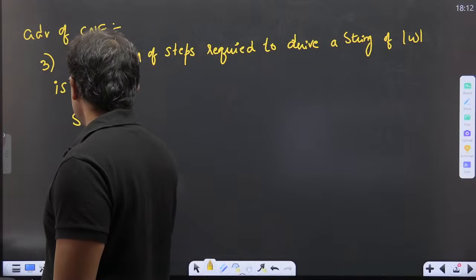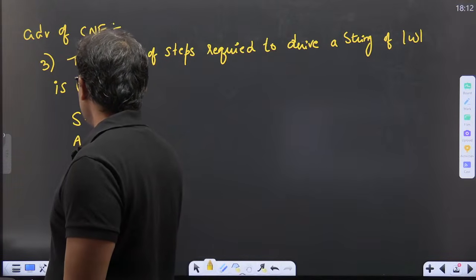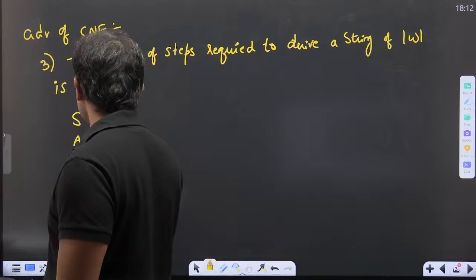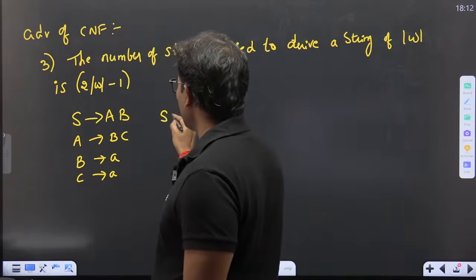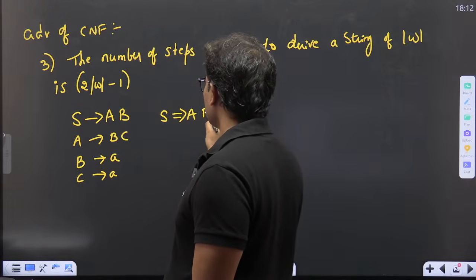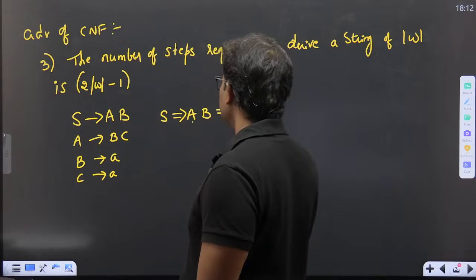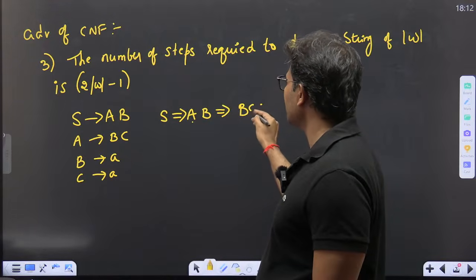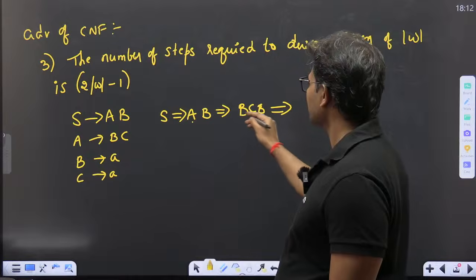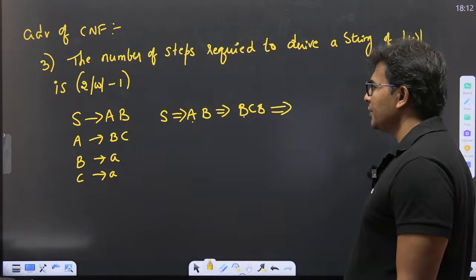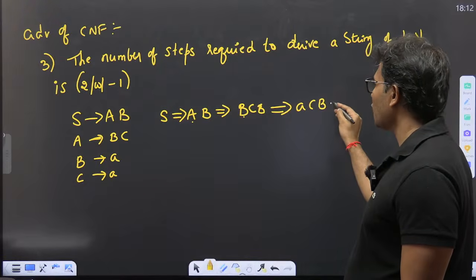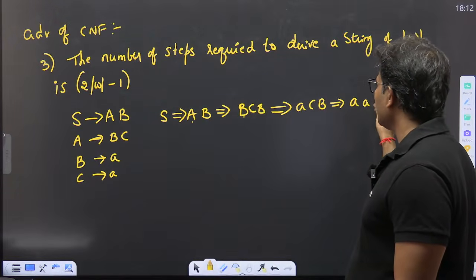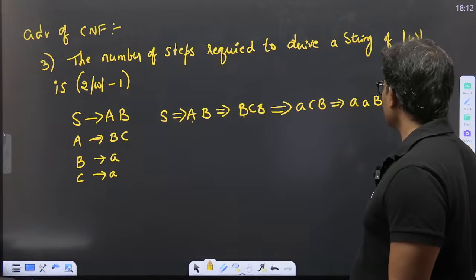Let us say S derives AB, and A derives BC, B derives a, C derives a. Now if I go like this, S derives AB, then A derives BC, then B derives small a, then C derives small a.